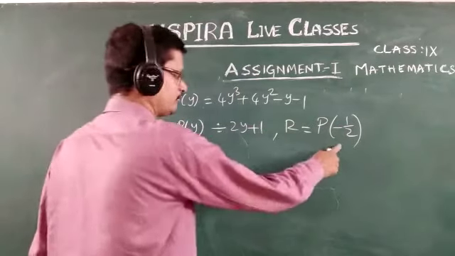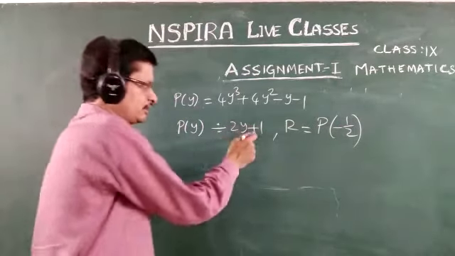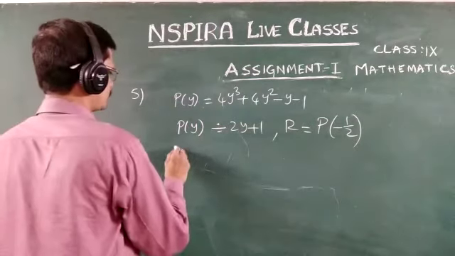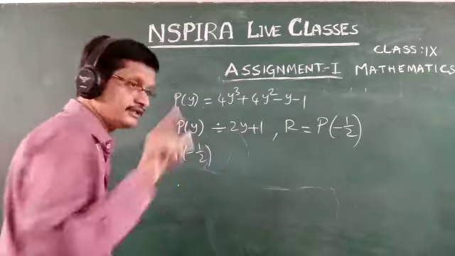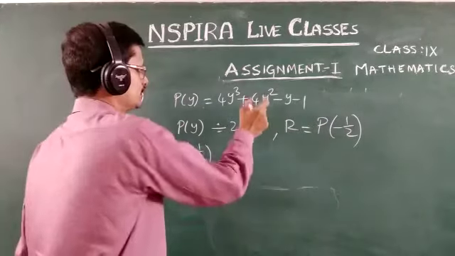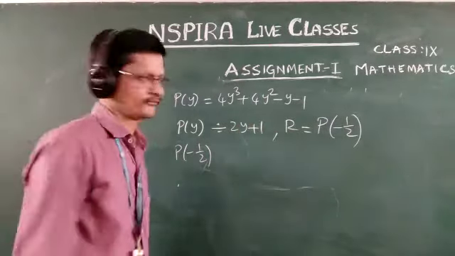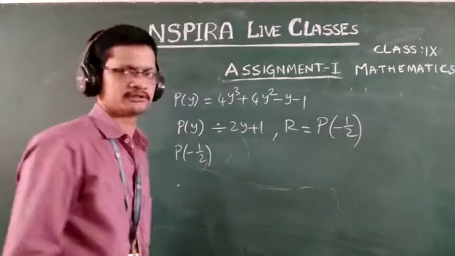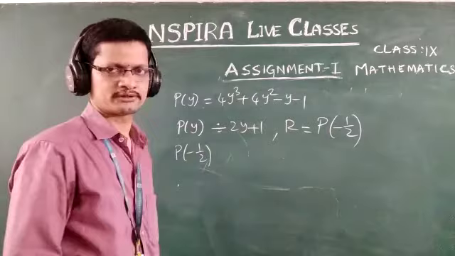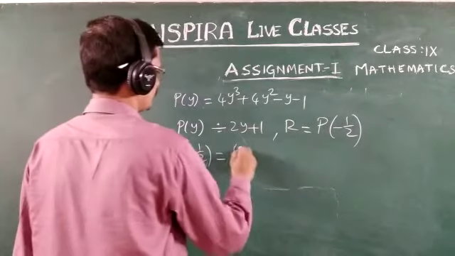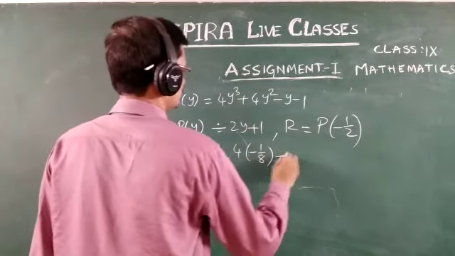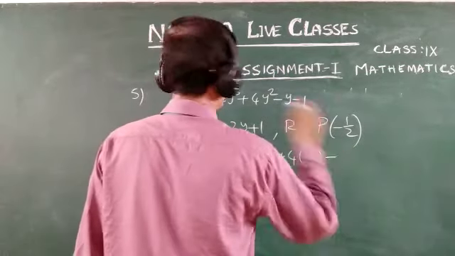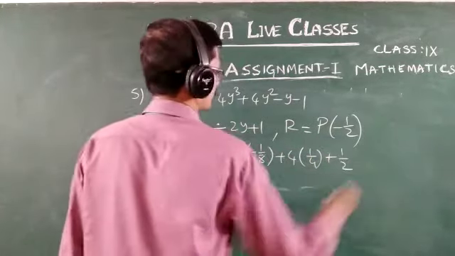Minus 1 by 2 is the zero of the divisor. So p of minus 1 by 2 is the remainder. Find p of minus 1 by 2. If it is 0, then we can say that this is a multiple of 2y plus 1. So p of minus 1 by 2: 4 into minus 1 by 8 plus 4 into minus 1 by 2 whole square, 1 by 4, minus 1 by 2 of minus, so plus 1 by 2 minus 1.